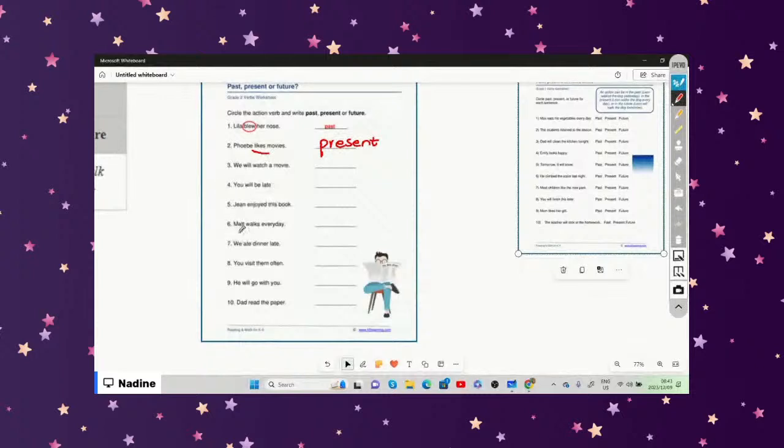We will watch a movie. What is the action verb within that sentence? And does it show the past tense, the present tense, or the future tense?